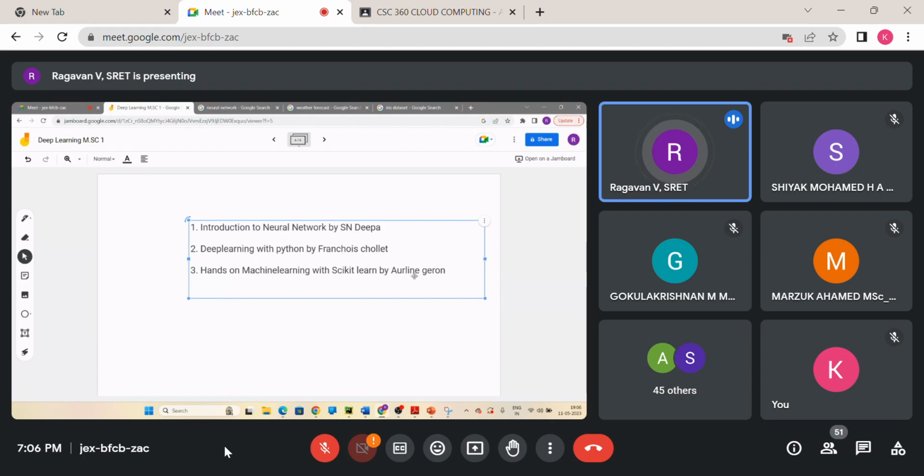I don't know the spelling, guys, but you may find it. This is the three books.